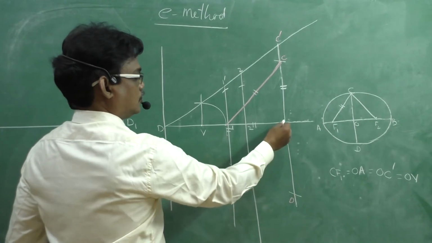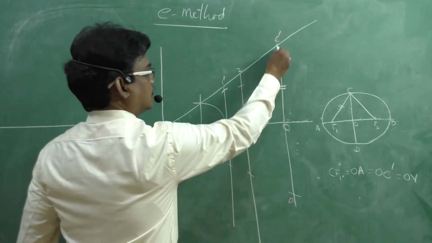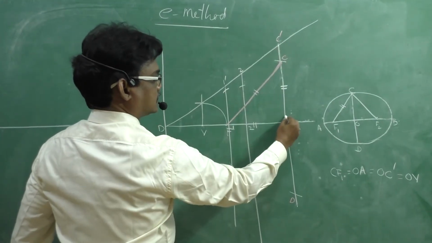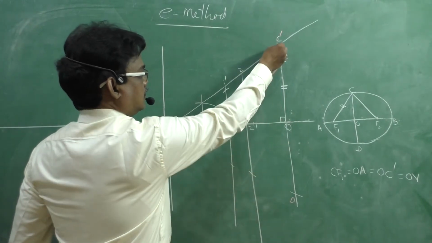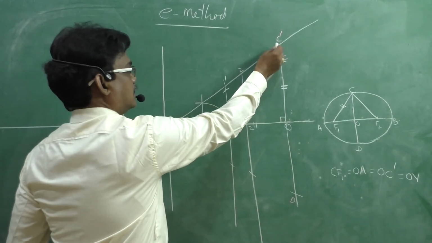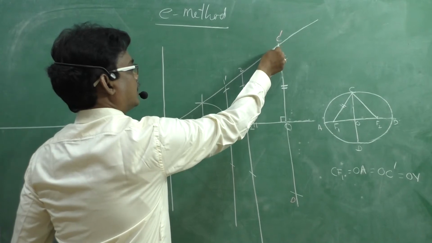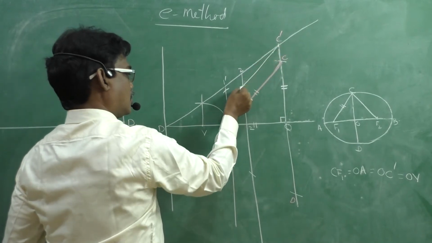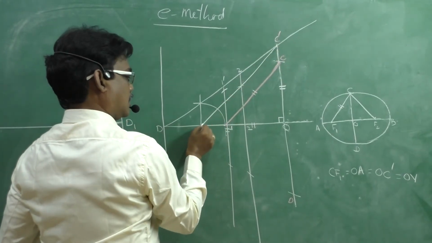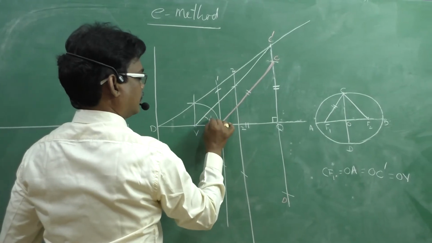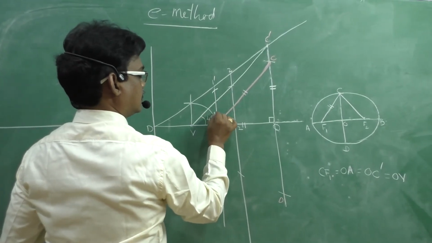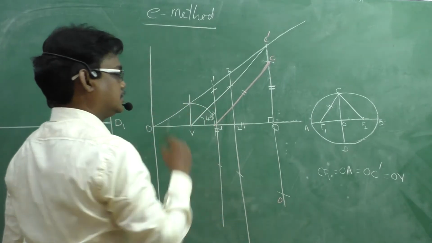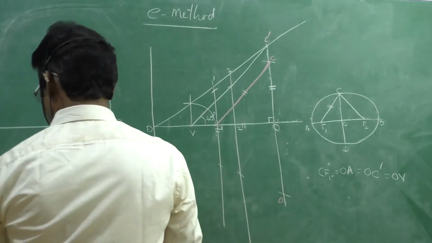Now, this OV is equal to this OC dash and this is 90 degrees. Now, if we draw a line between these 2 points, the angle will be 45 degrees. Okay? Now, using this property, we can finish this.